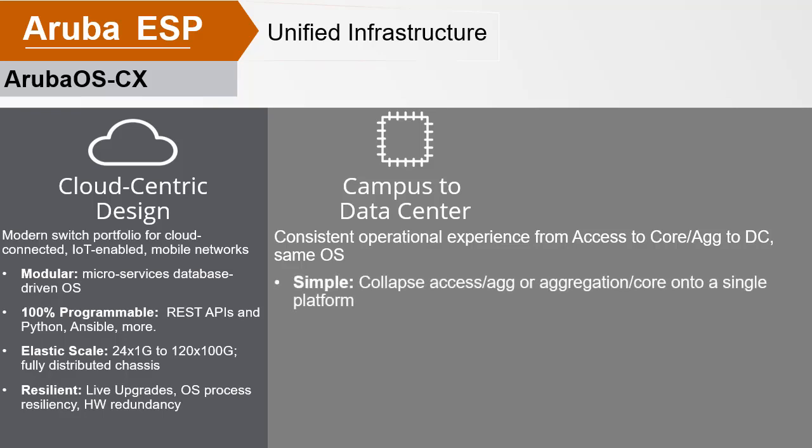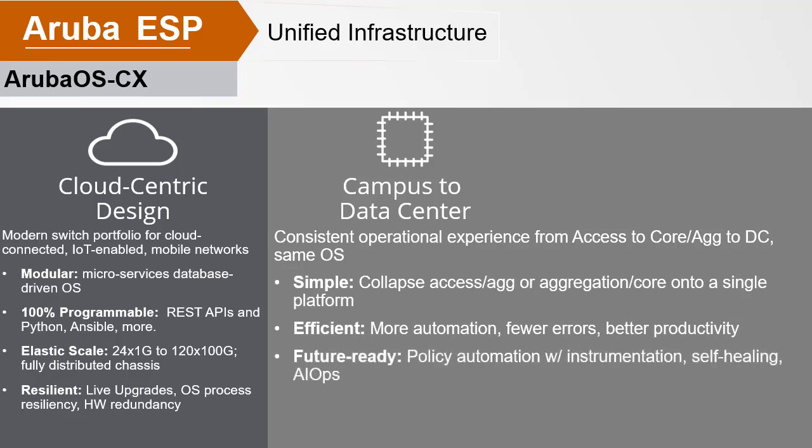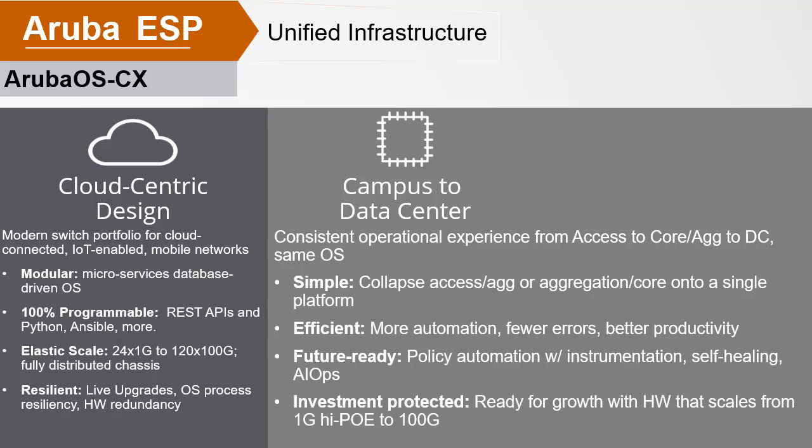It's simple. You can collapse and expand aggregation or aggregation and core into a single platform. It's efficient: simplified management, more automation, fewer errors, better productivity, and it's future-ready with automation with instrumentation for policy, self-healing, and AI ops. It's investment protected, so you're ready for growth with hardware that scales from 1 gig, high PoE to 100 gig.